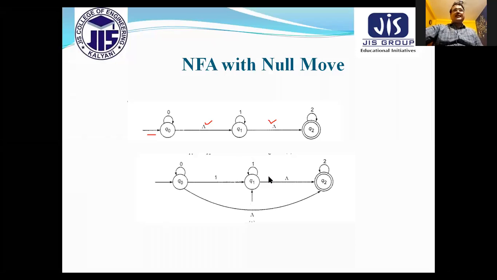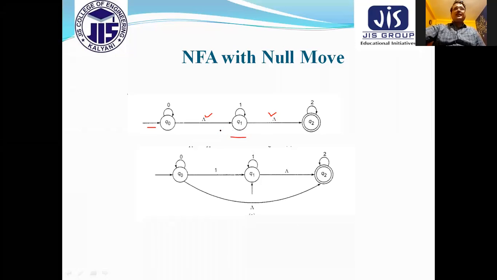Suppose we choose these two vertices. This is V1, and this is V2. The rule says that I can remove the null move between a pair of vertices. If I choose V1 and V2, I can cross this one out, so there is no null move.